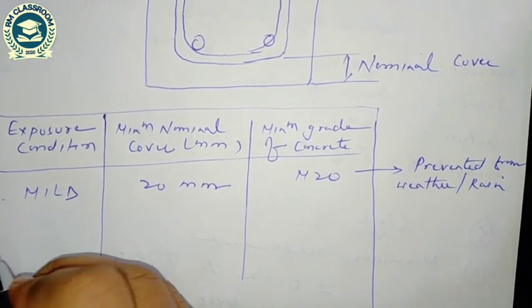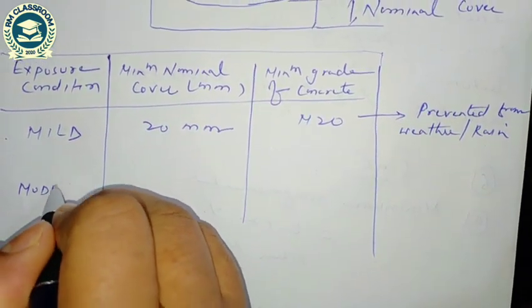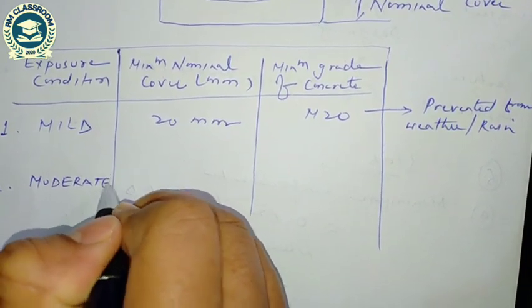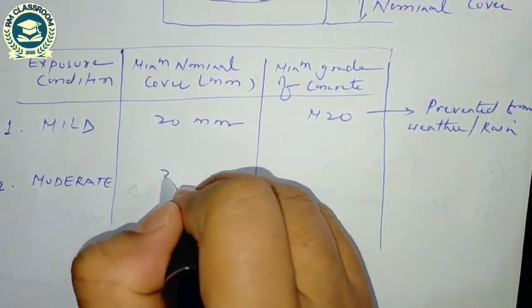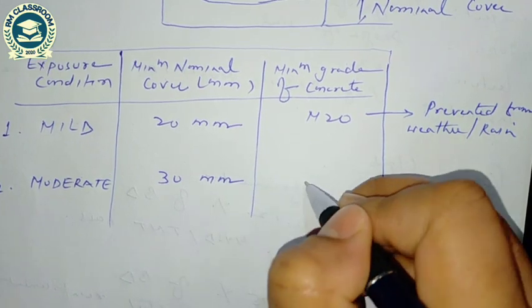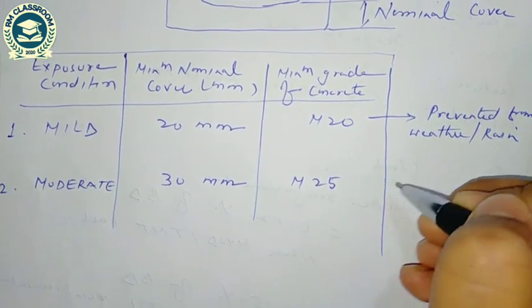Similarly, the second exposure condition is moderate. In moderate, the minimum nominal cover is 30 mm and the minimum grade of concrete is M25.